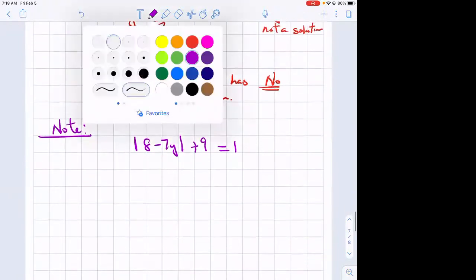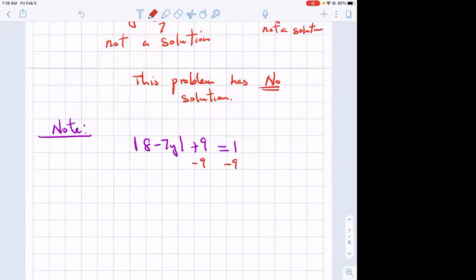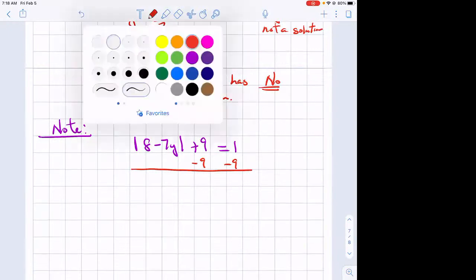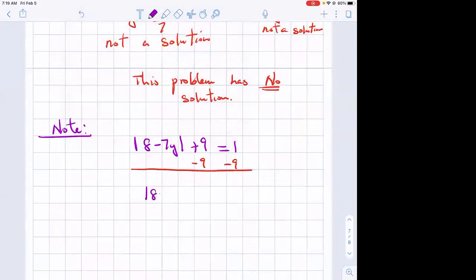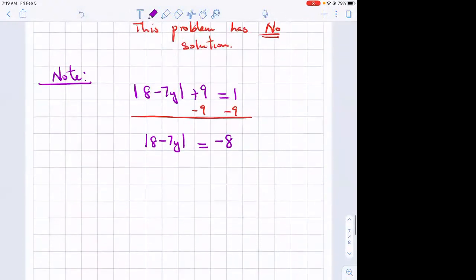When we moved this 9 to the right side, we have the absolute value of 8 minus 7y is equal to minus 8. Something to note here is that the absolute value of any expression has to be equal to something positive. Otherwise, we will have no solution, because the absolute value of any quantity is a positive answer.